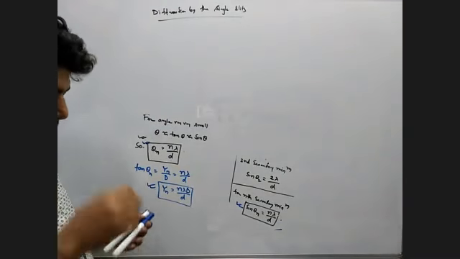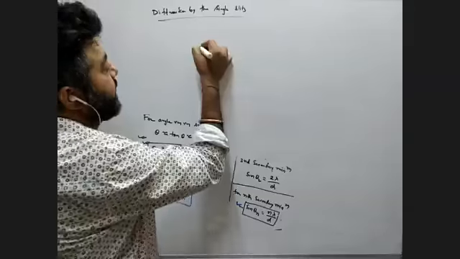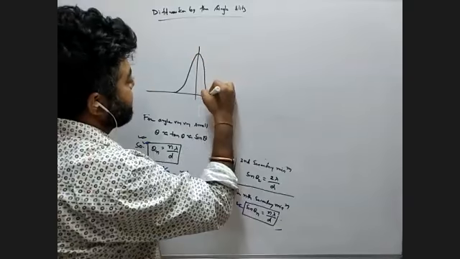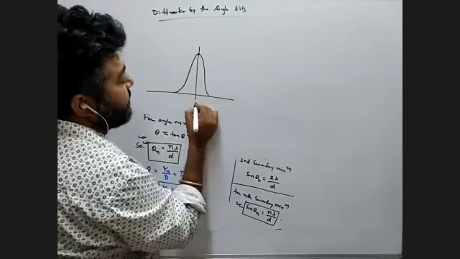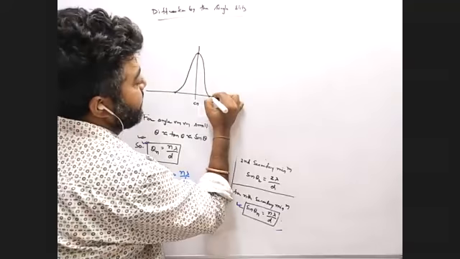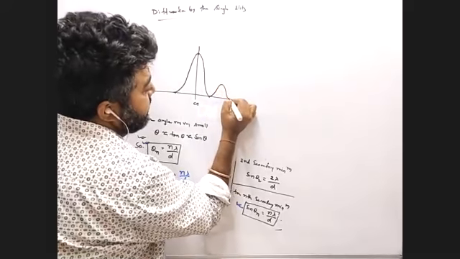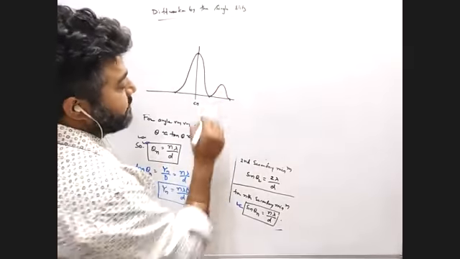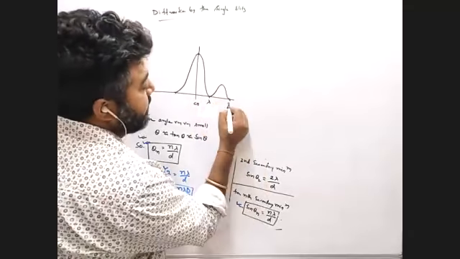So now see, if we look at the intensity graph, it actually looks like this. This is the maximum, the central maximum. Then this is the first secondary minimum, and this one is the second secondary minimum. For the first one, you have lambda. For the second one, you have 2 lambda.